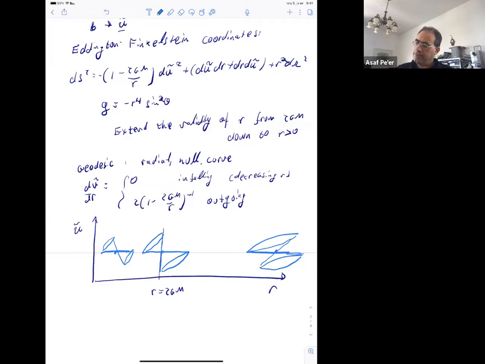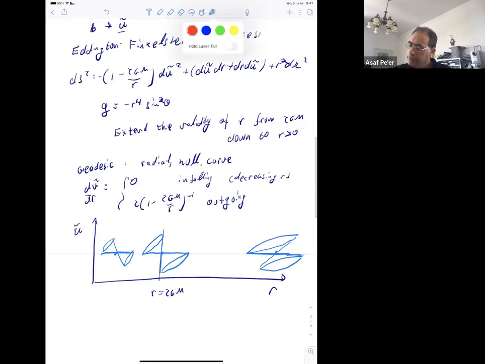An object which is here is free to go either towards the event horizon or away from the event horizon. But once the object crosses the event horizon, there's only one way it can go.